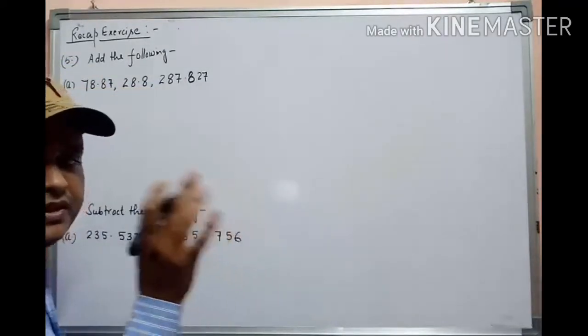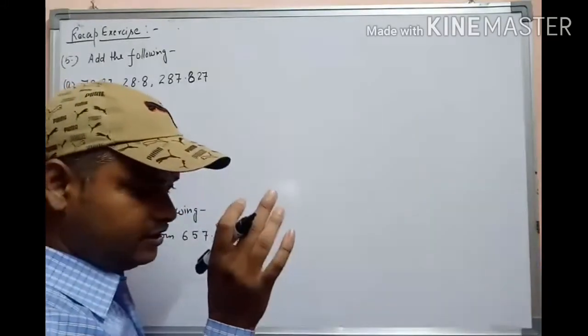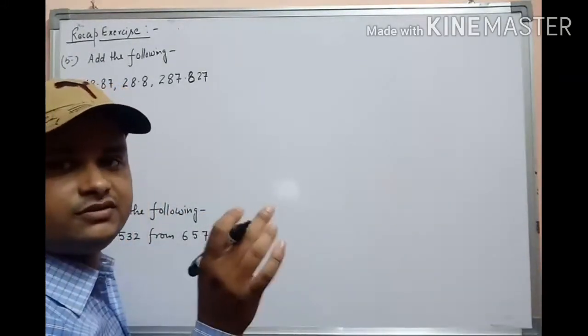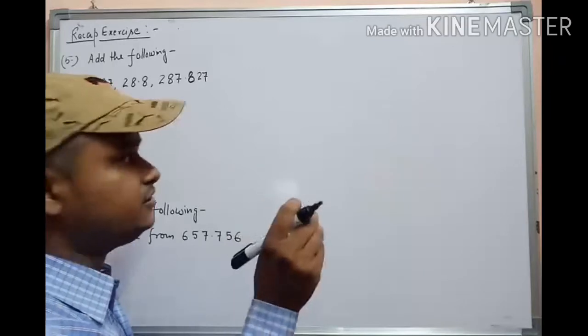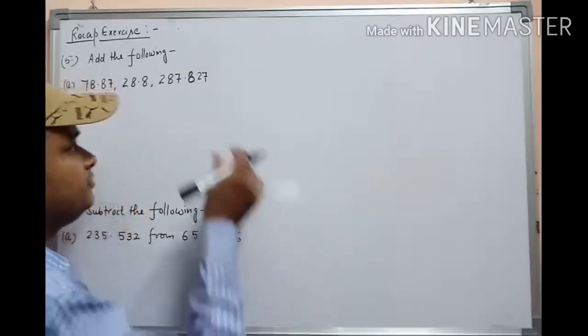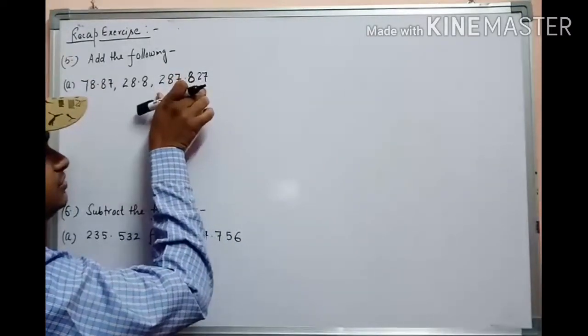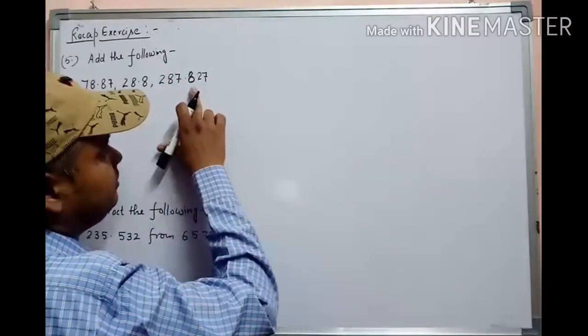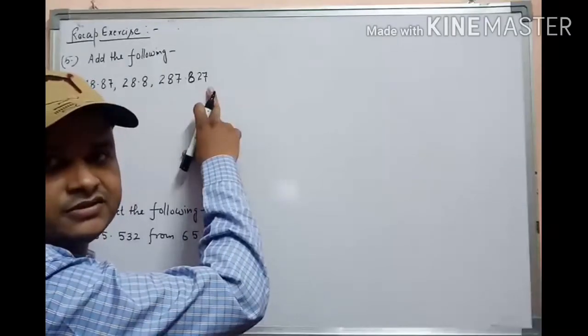First of all you have to pick the decimal number in which the maximum number of digits come after the decimal point. That is this one, because in this decimal number there are 3 digits after the decimal point.